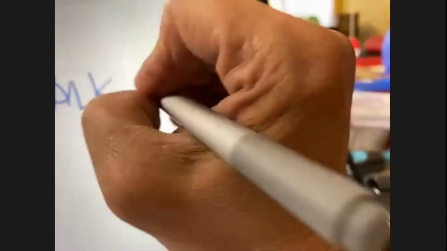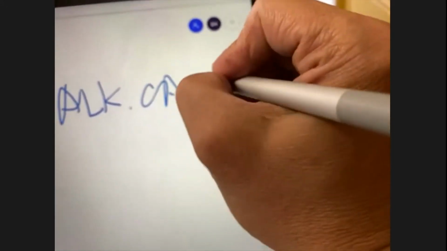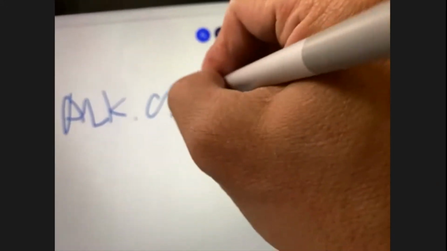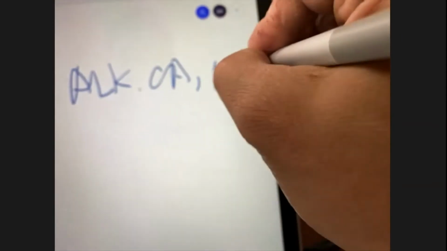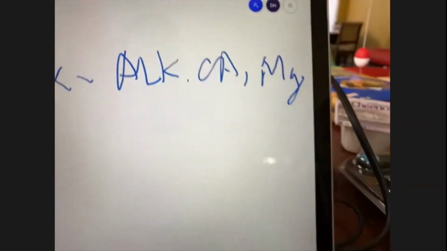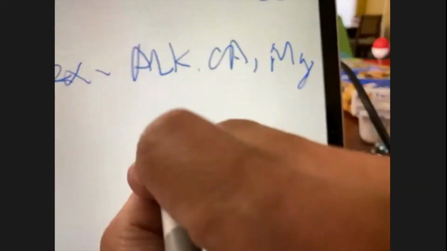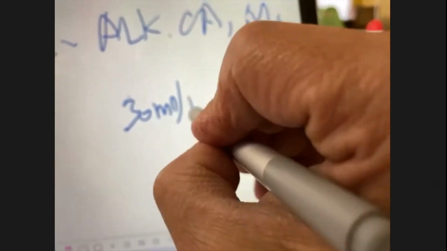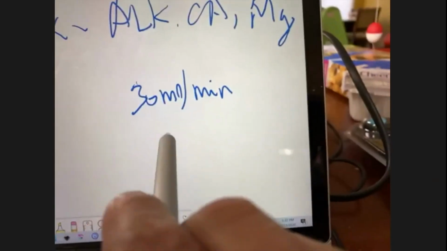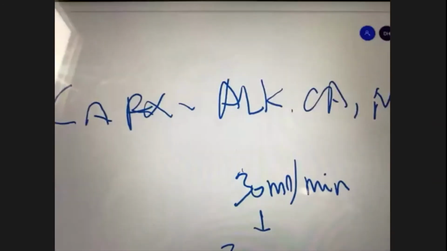I'm gonna tell you why I disagree with that. So we talked about the calcium reactor and what that gives into your system. It gives alk, calcium, and mag. Now it's gonna dose a certain amount, 30 ml a minute. Out of that 30 ml, how much is calcium? How much of it is magnesium?